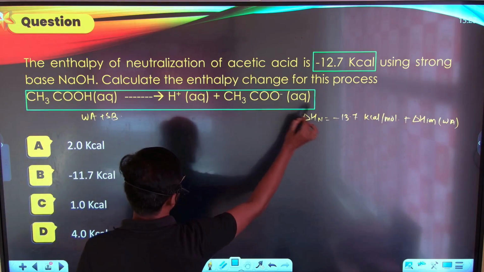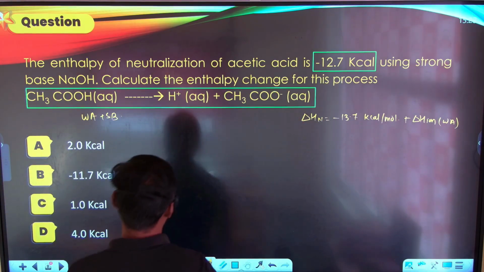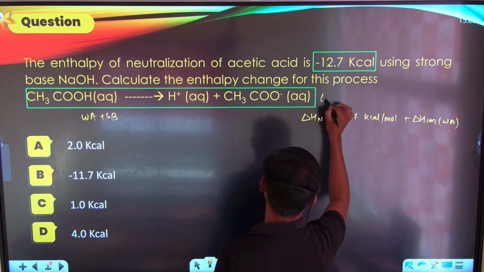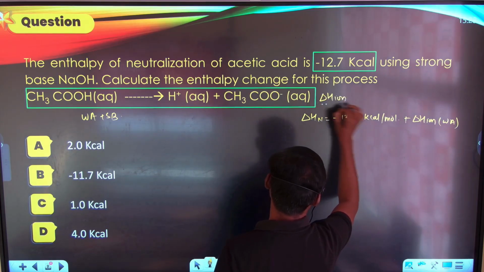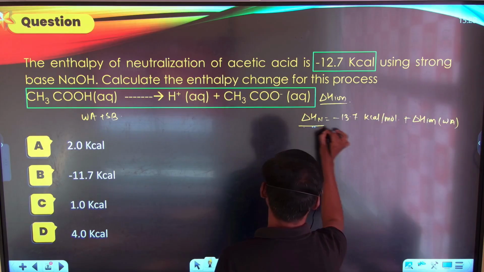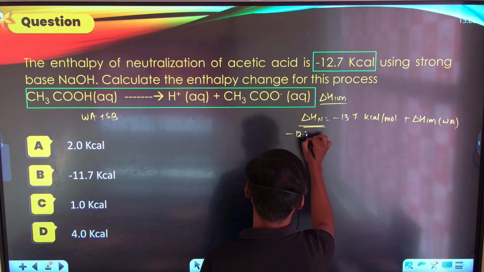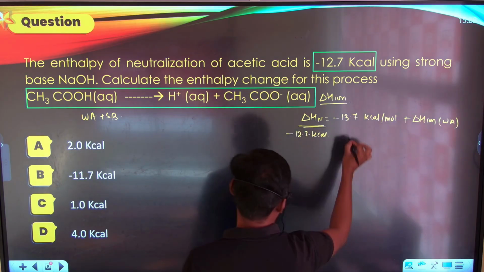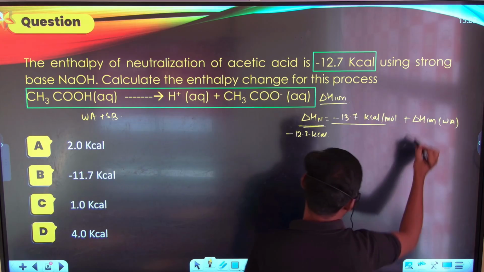Ionization, and this heat change will be delta H ionization. In this reaction, this is given, minus 12.7 kilocalorie. This is a constant, we know this, we have to calculate this.